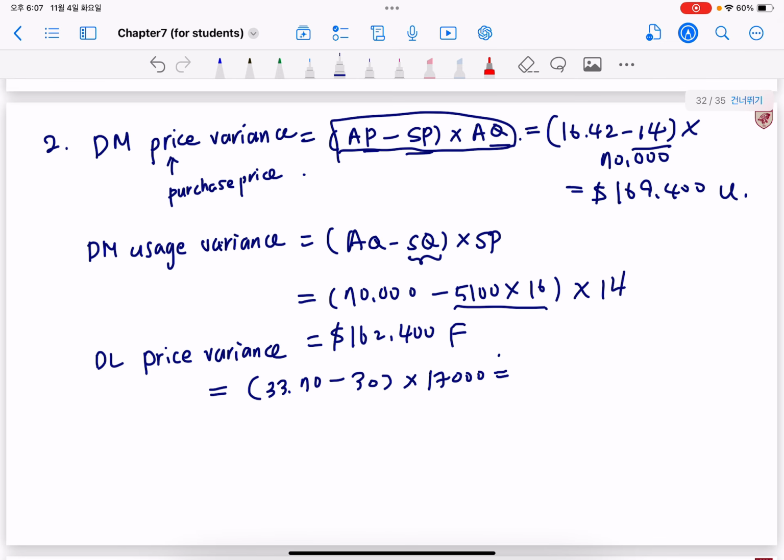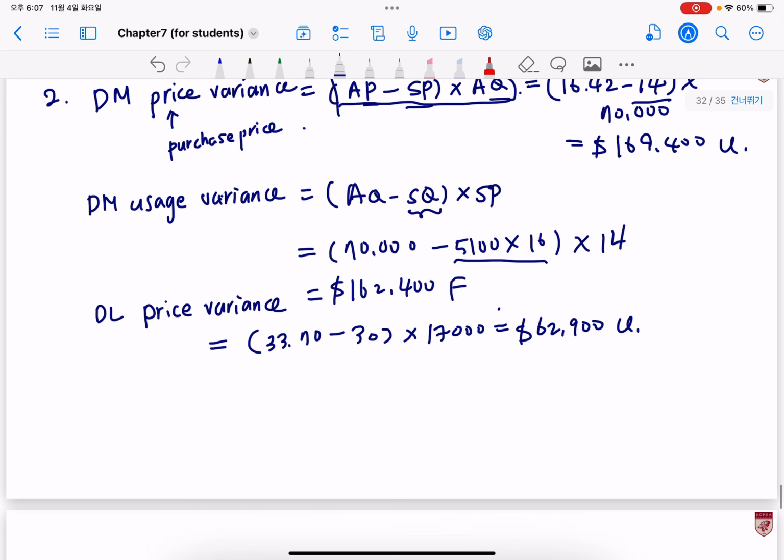Okay, so let's do the difference. And we have $62,900 unfavorable, right?